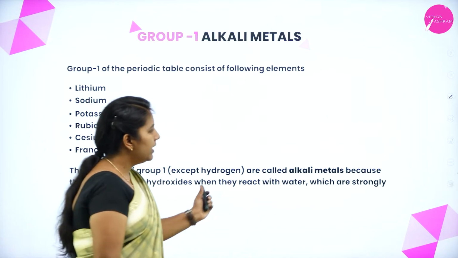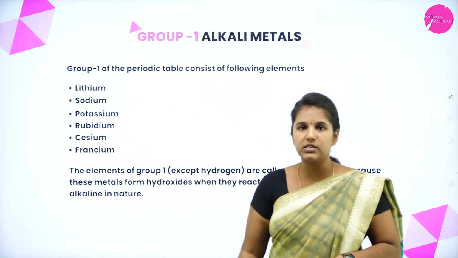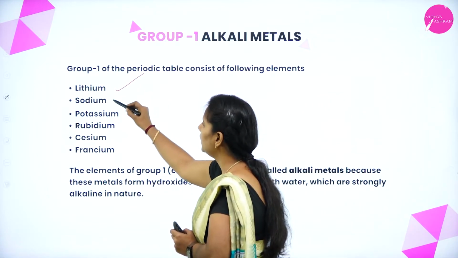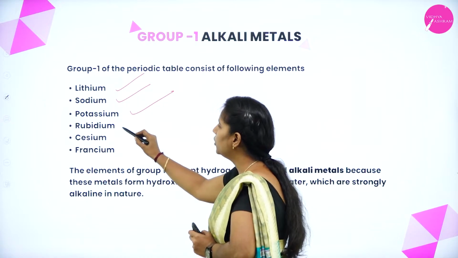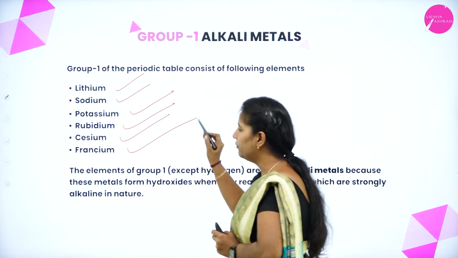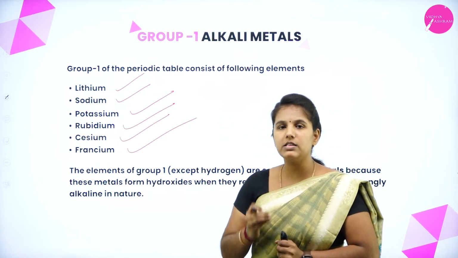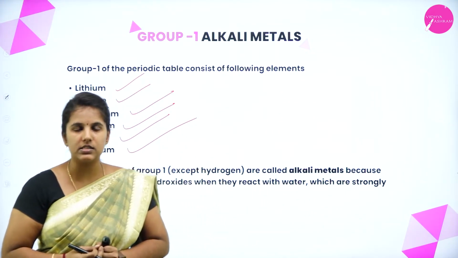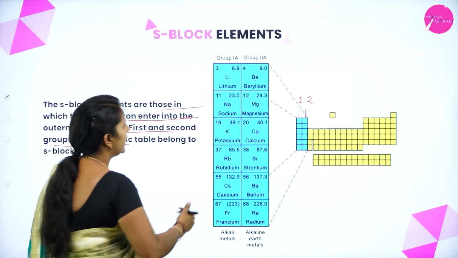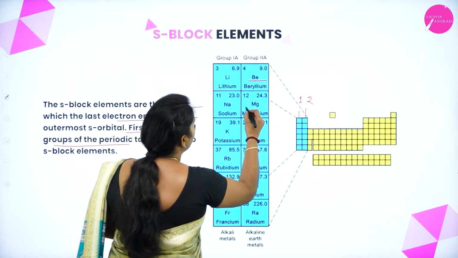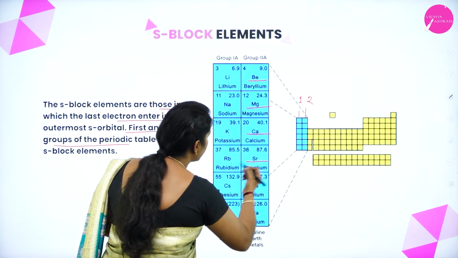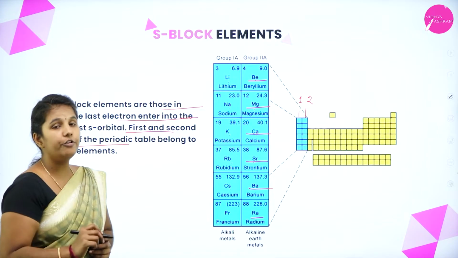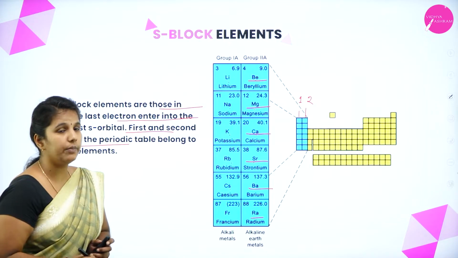Let's see the first group elements first. The first group elements are lithium, sodium, potassium, rubidium, cesium and francium. The group 1 elements are known as alkali metals, whereas the group 2 elements, beryllium, magnesium, calcium, strontium, barium and radium, are known as alkaline earth metals.